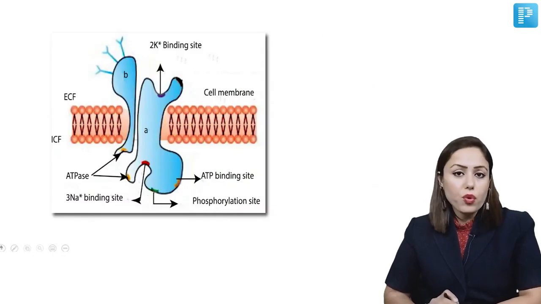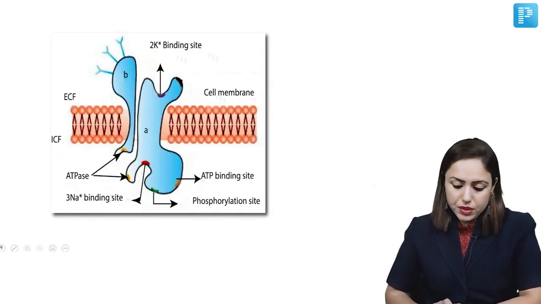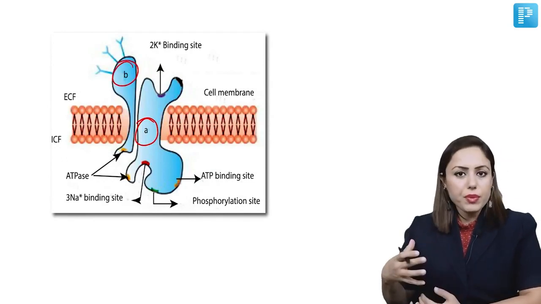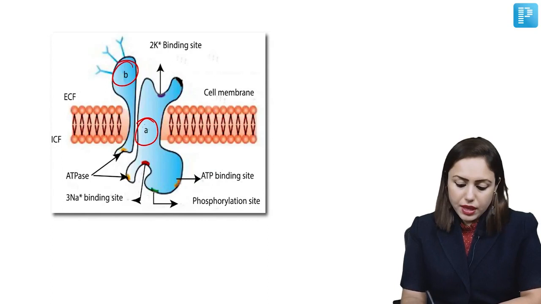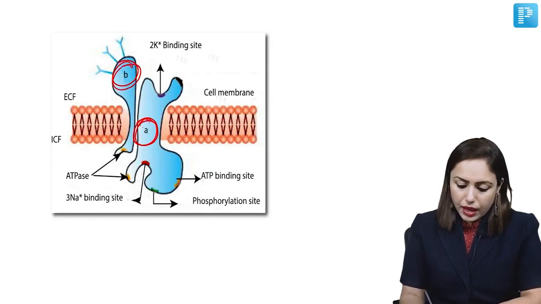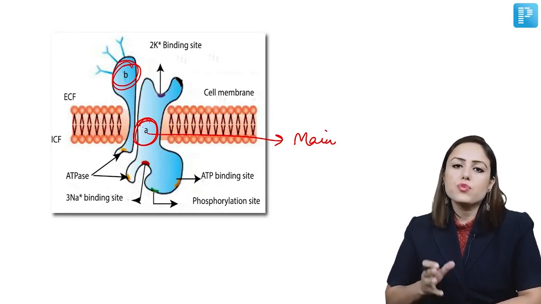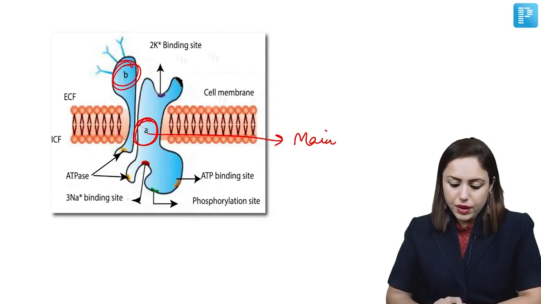Then let's see the diagram of sodium potassium ATPase pump. It has two subunits. I told you it is an integral membrane protein. So it has two subunits, alpha and beta. Alpha is the main subunit or main part. Beta is just for anchoring this protein in the membrane, right?